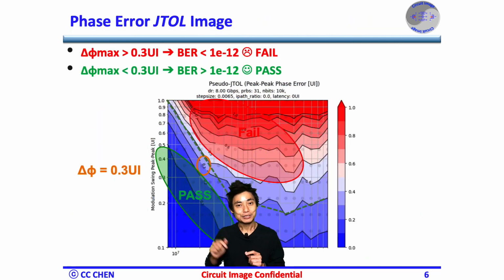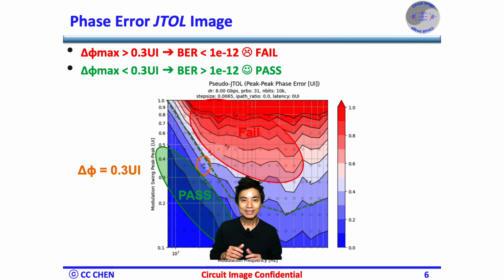Yes, by sweeping both the phase modulation frequency and depth in the peak-to-peak value, we can measure the maximum phase error between input data and output clock, as we described in the wide-band loop dynamic analysis video.